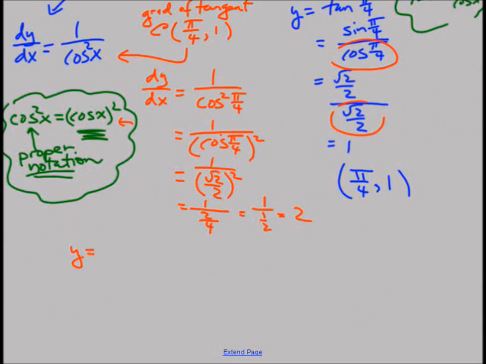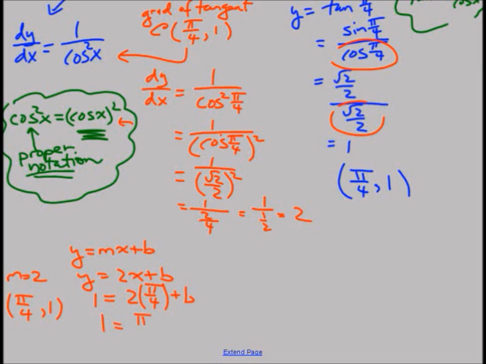So y equals mx plus b. Slope is 2. We can fill that in. We have a point of contact here, so we can fill that in and solve for the y-intercept. And the y-intercept is 1 subtract pi over 2.